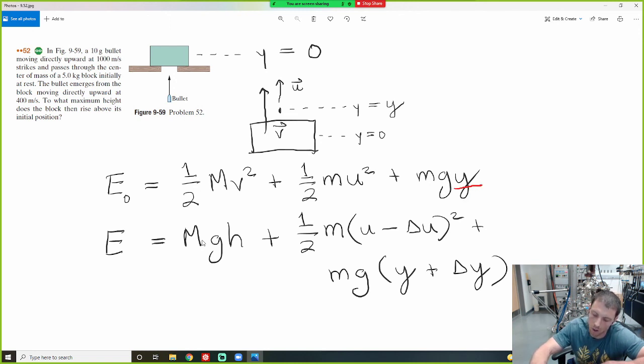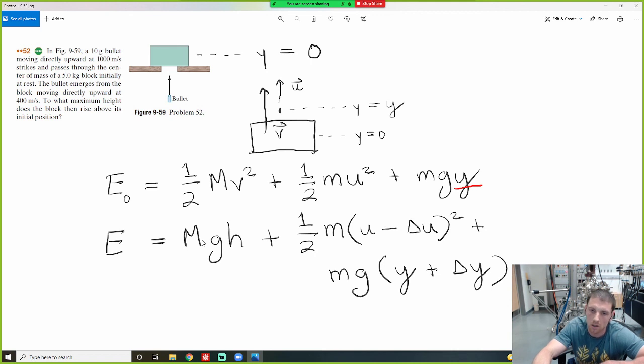And that's going to create a problem because for the bullet and block system, we can't define y equals 0 to simultaneously be at the center of mass of the block and at the y position at which the bullet emerges from the block. That's just totally inconsistent. We just can't do it.